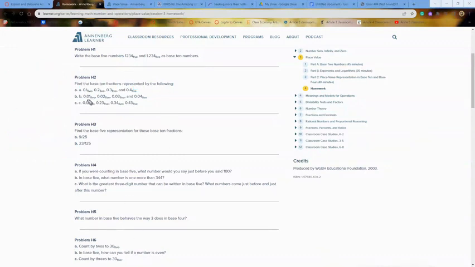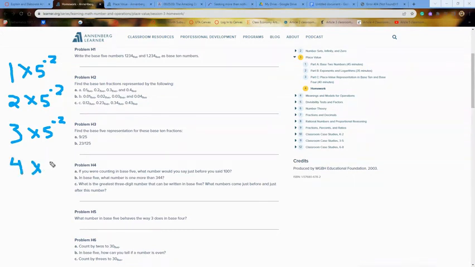This one, we know it's 2 spaces behind, so this is going to be 1 times 5 to the negative second power. 2 times 5 to the negative second power. 3 times 5 to the negative second power. And 4 times 5 to the negative second power.